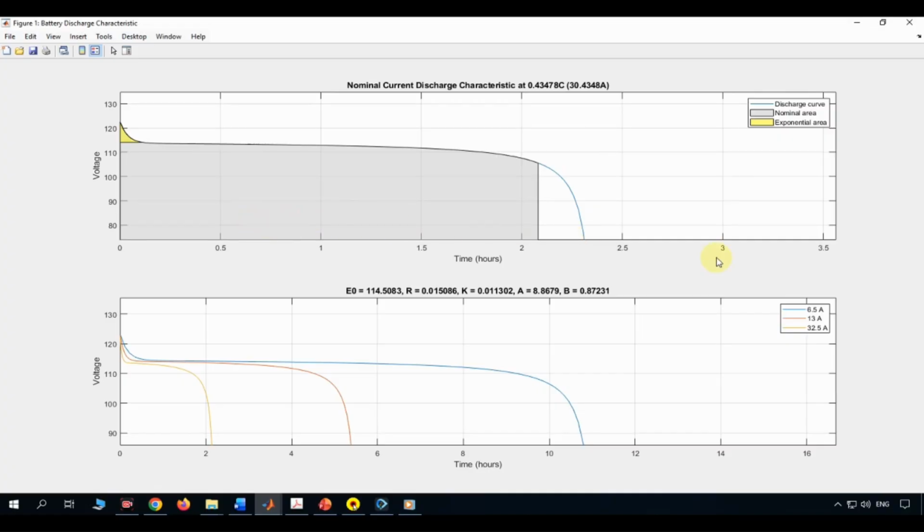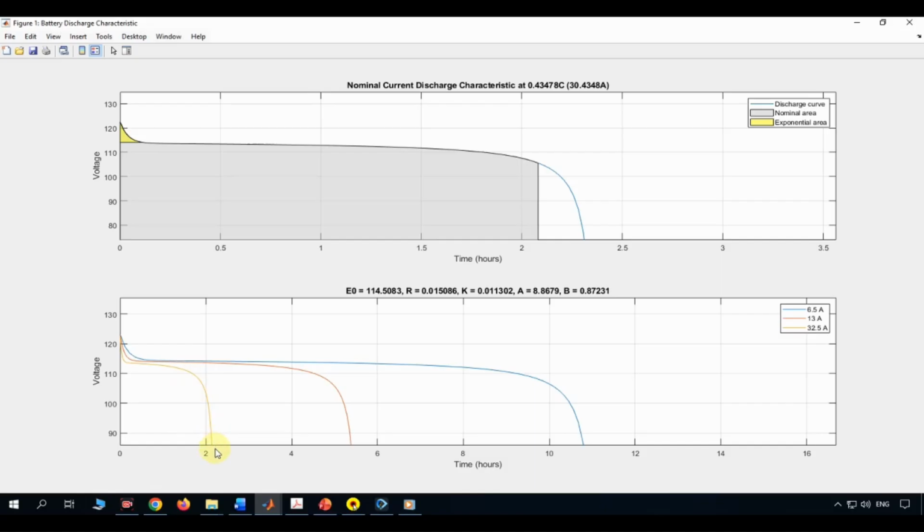The second plot shows the same battery discharged at three different currents, 6.5 amps, 13 amps, and 32.5 amps, matching the discharge current field back on the Parameters tab. 6.5, 13, 32.5. Notice the pattern. The higher the discharge current, the sooner the battery hits its cutoff voltage, and the more pronounced the voltage sag becomes due to that internal resistance we discussed.